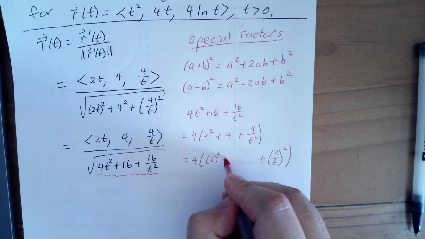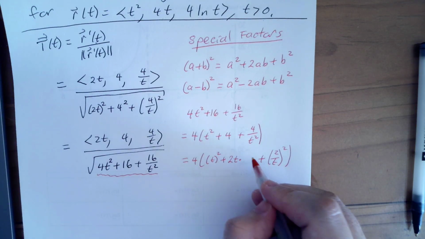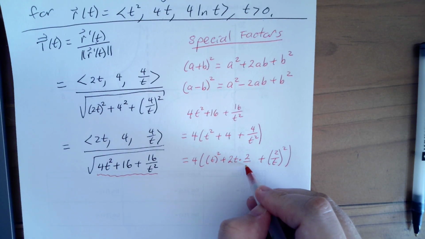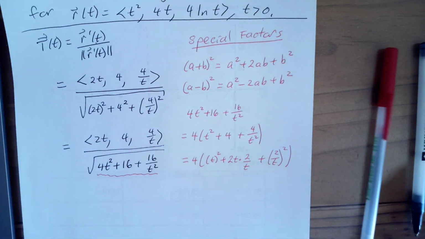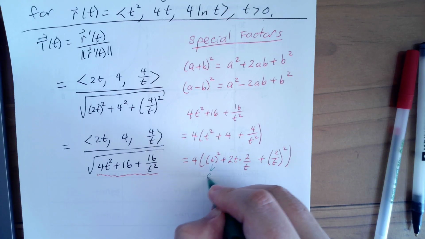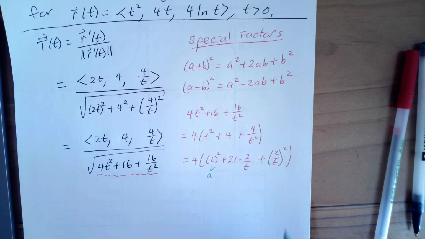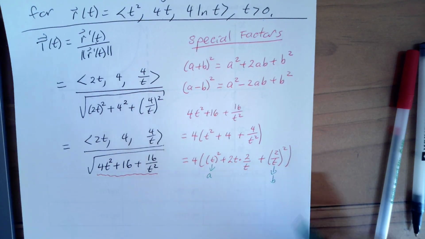And then in the middle, I can rewrite this as being 2t times 2 over t. And I'm writing it that way because I want to clearly identify that my t is my a, and my 2 over t is my b.